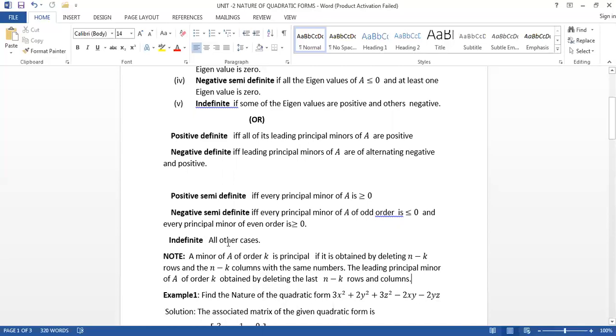For indefinite, all other cases. So be careful. In positive and negative definite, we compute leading principal minors of A. For positive semi-definite and negative semi-definite, we calculate principal minors of A.